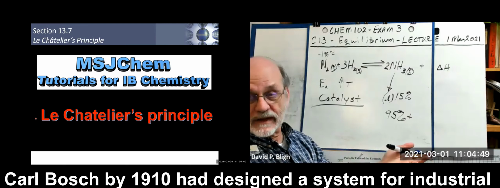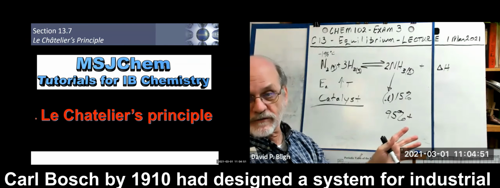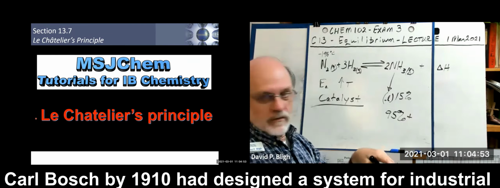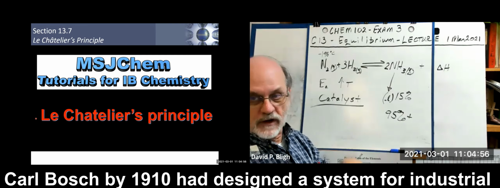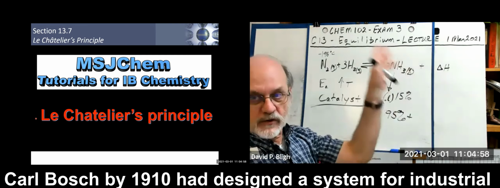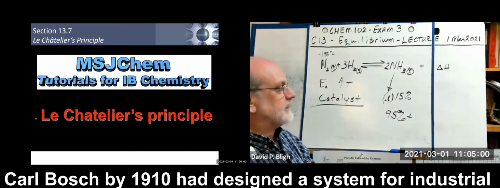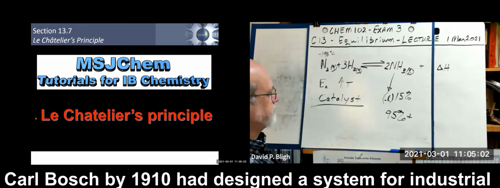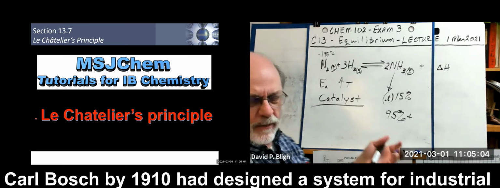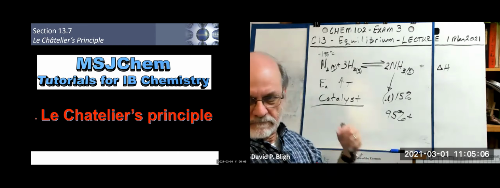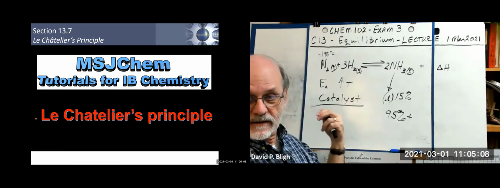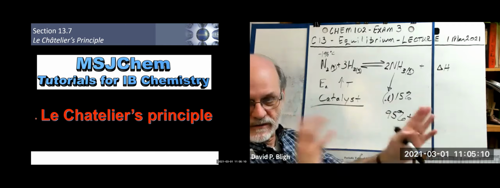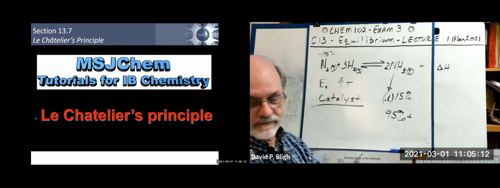I mean, either keep it liquefied and ship it off to another factory, or run it straight into making nitrates and explosives and so forth, or fertilizer. So there's a problem where you have kinetics and equilibrium working at cross purposes, and that's the solution.